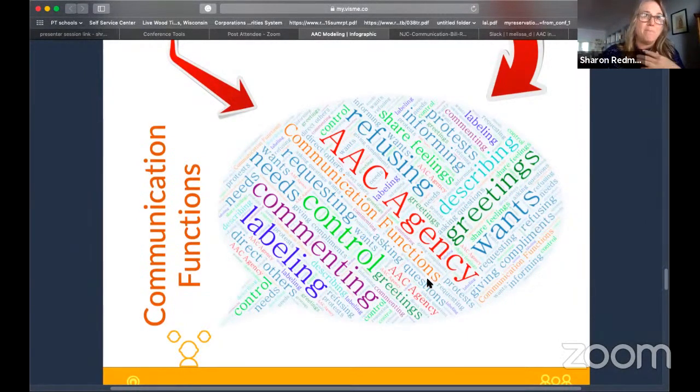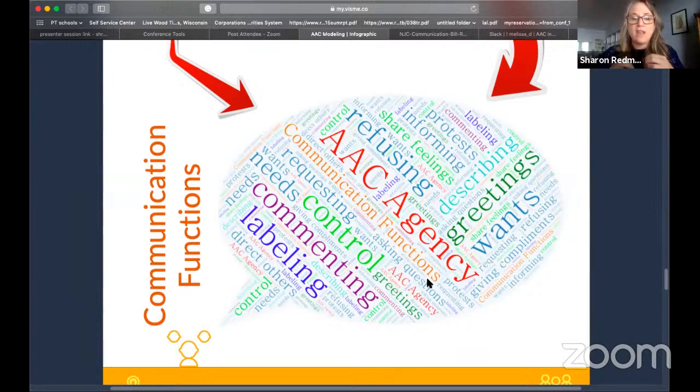And I love this. I haven't seen the whole webinar, but I know Karen Erickson and Caroline Musselwhite did a webinar a couple of weeks ago with Bill Blanco, and it was talking about this idea, this AAC agency of control.